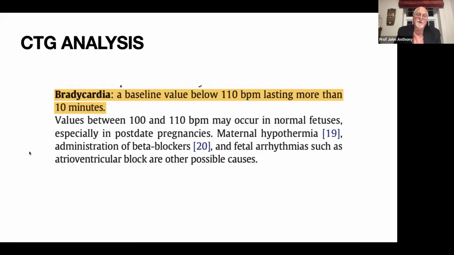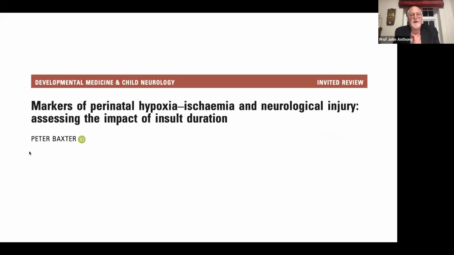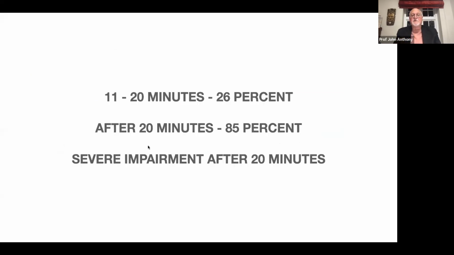as a pre-terminal event. And in this context, there's a more recent publication, either 2020 or 2021, by Peter Baxter, looking at markers of perinatal hypoxia, ischemia, and neurological outcome and assessing the impact of insult duration. What Baxter did was look at babies that had a persistent fetal bradycardia immediately prior to delivery.